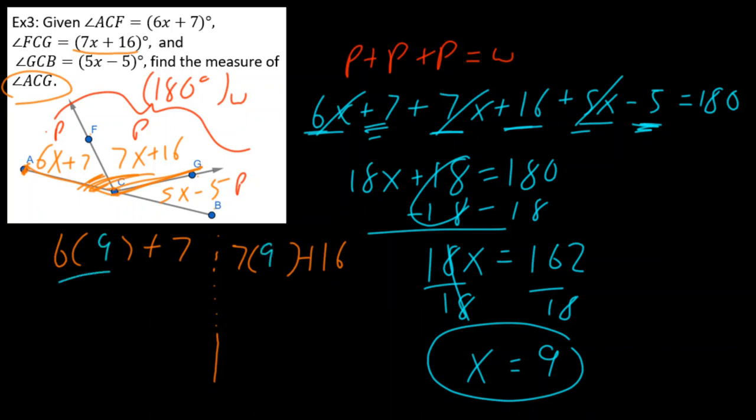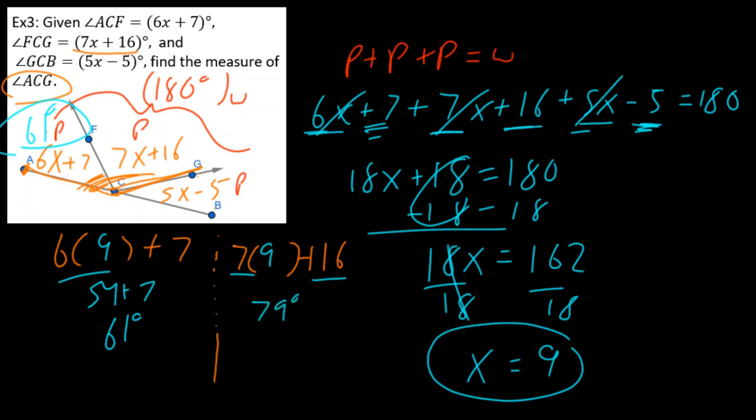I know 6 times 9 is 54 plus 7, and 54 plus 7 will, of course, be 61. So we're saying that this part right here is 61 degrees. Okay, 7 times 9, well, I know that's 63. 63 plus 16, let's see, that would be 79.